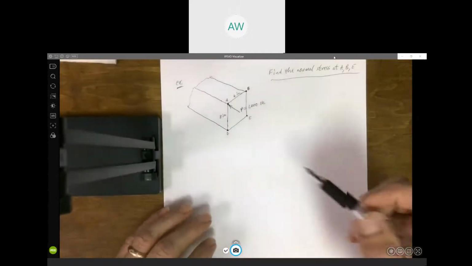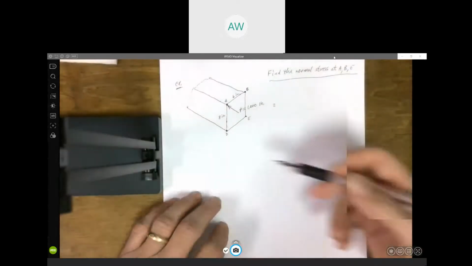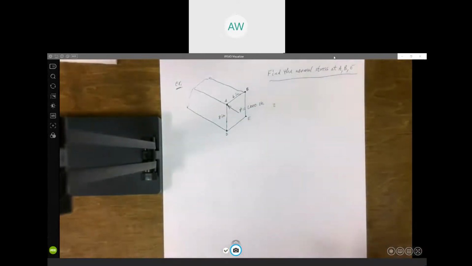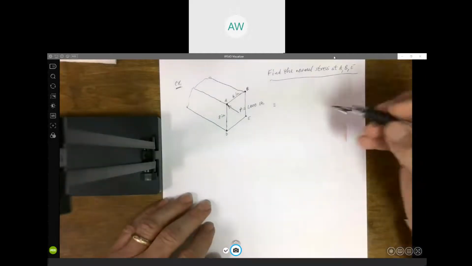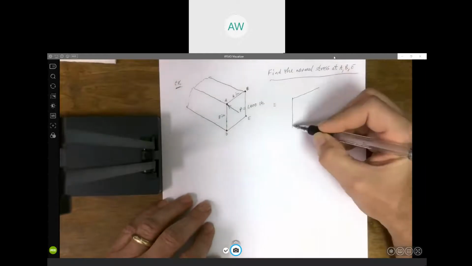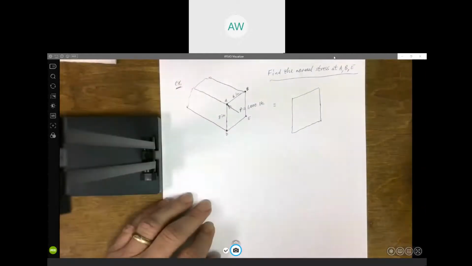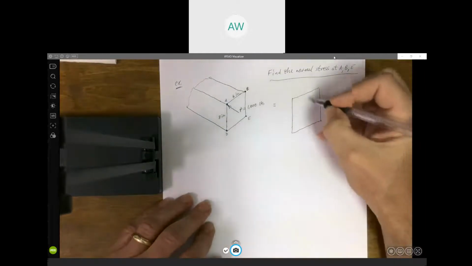All right, so what we're going to do now is replace that one force acting at the corner with the force at the centroid and adding the moments that this force causes. In addition to that, we've got to put our coordinate system on there as well.